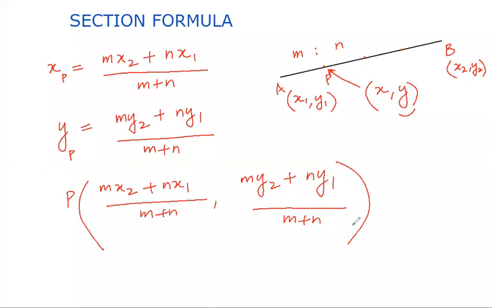Now, imagine that I have this line AB and point P lies exactly in the middle of this. So now point P is internally dividing line AB in the ratio 1:1. So what will be the coordinates of point P?